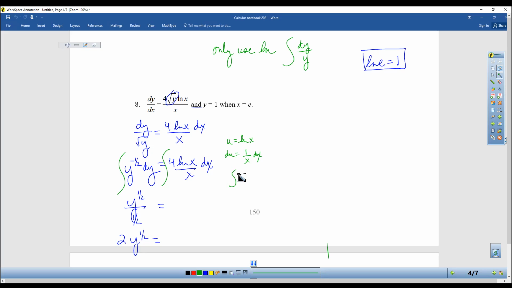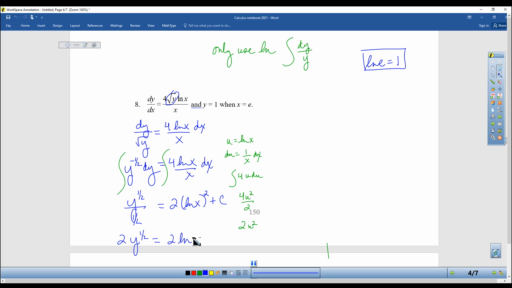So I can rewrite this integral as 4u du, which would make it 4u squared over 2, which would make it 2u squared. And now that I'm going to substitute it back, now I can write that as 2 ln of x squared plus c.